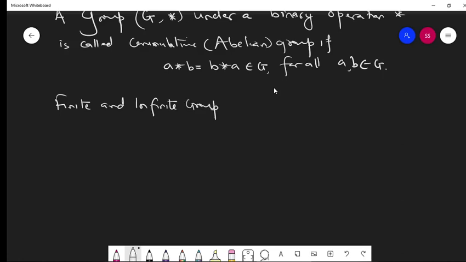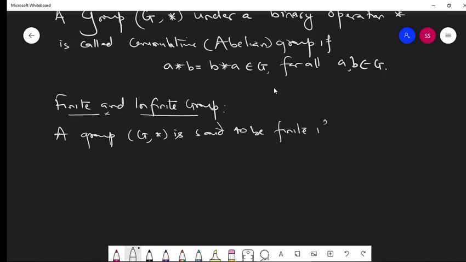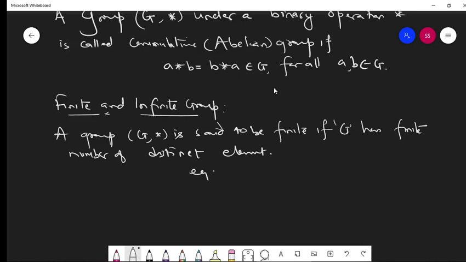A group G comma asterisk is said to be finite if G has a finite number of distinct elements. For example, G equal to {1, 2, 3}. This is a finite group.